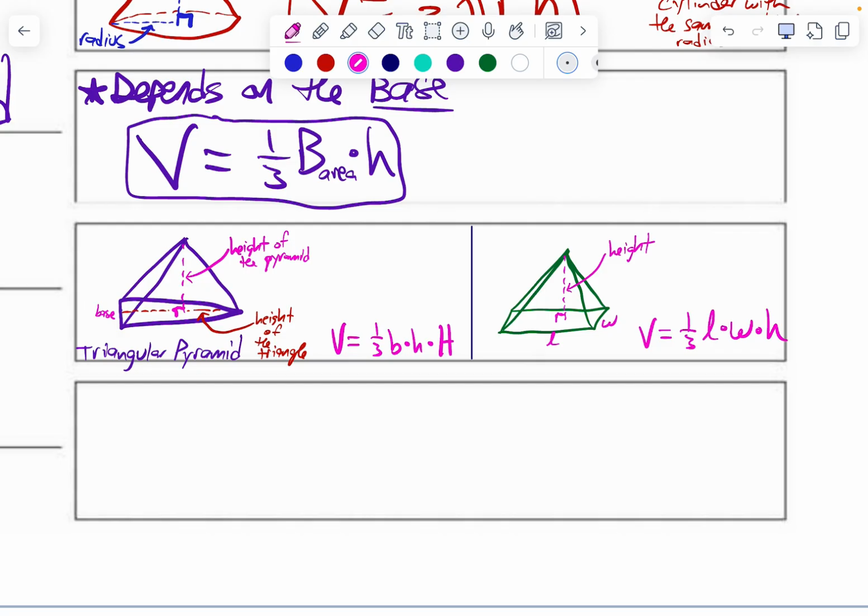All right, let's do one more. Obviously, we're not going to draw all of these, but let's do one other version. How about a hexagonal pyramid?